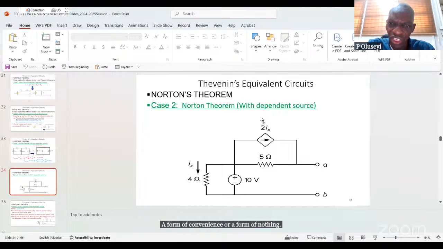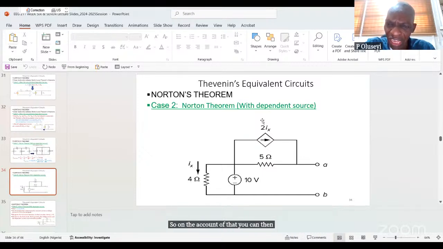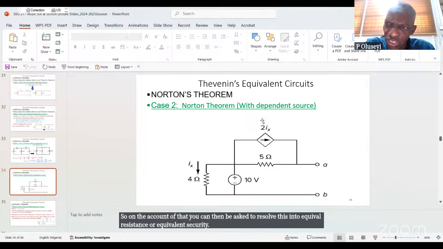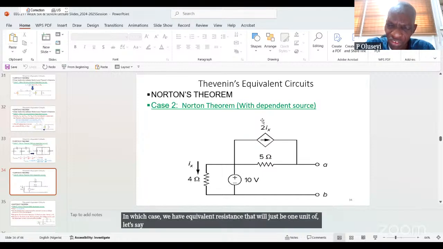So you are given this as another example with a dependent source. You can see the dependent source now, which is a current dependent source, because you have an arrow inside that diamond box. On account of that, you can be asked to resolve this into an equivalent circuit, in which case you will have one equivalent resistance.